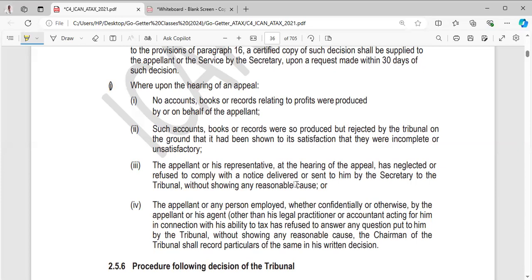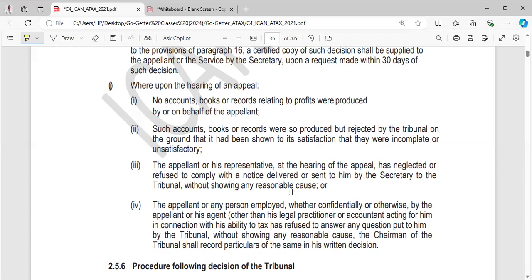So now we have seen the tax appeal tribunal, they could ratify the assessment, they could increase, they could decrease, they could annul. So they could uphold it, they could adjust, they could annul. Now, if you are getting the judgment from the tax appeal tribunal, you can make a written request that this judgment be given to you.